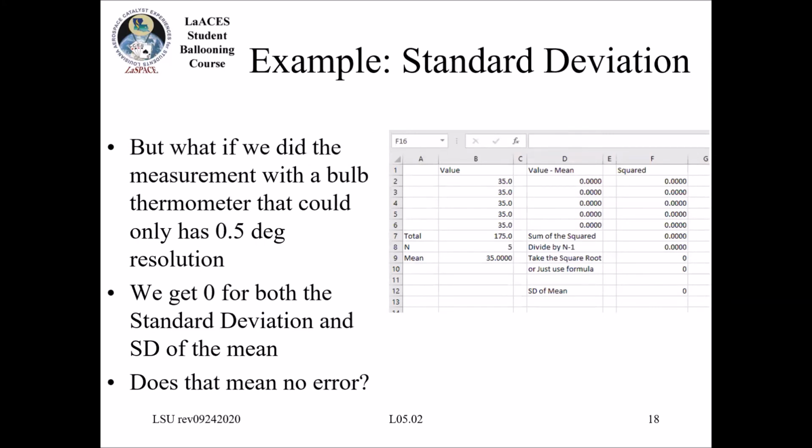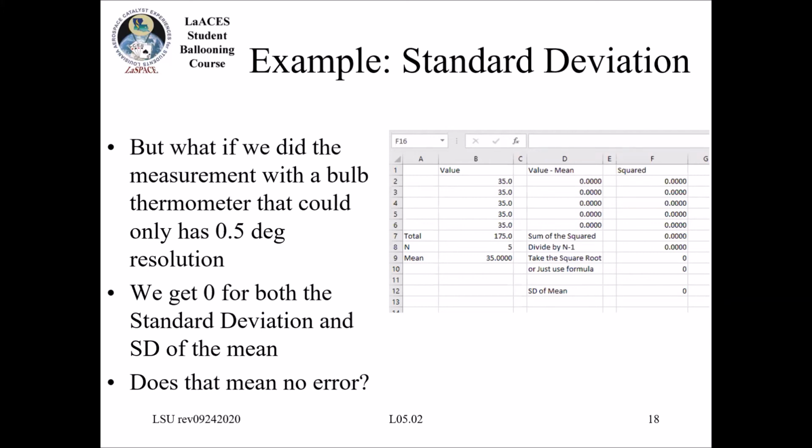So you could also take the example of what if I didn't have a nice electronic thermometer, if I had just a simple glass bulb thermometer that I can maybe read to 1/2 degree, maybe only 1 degree.